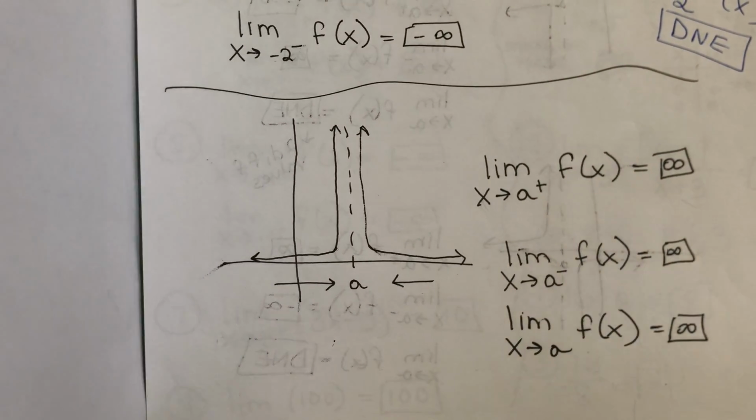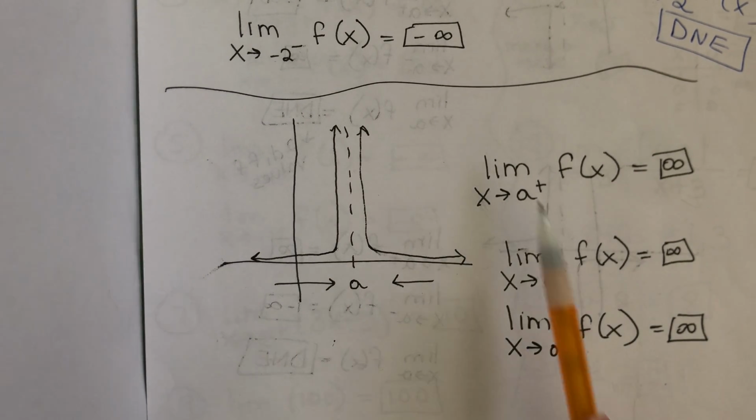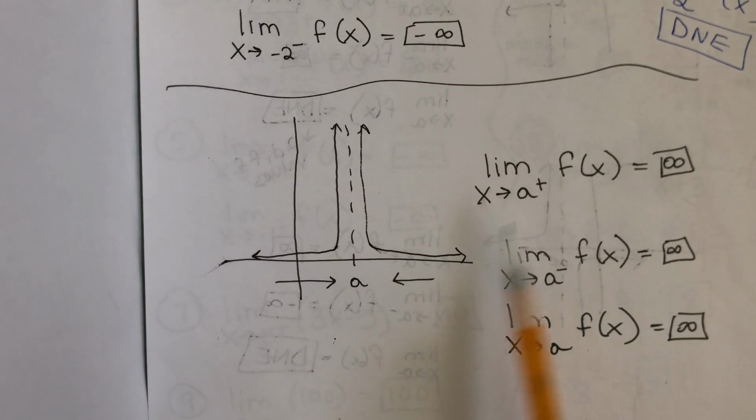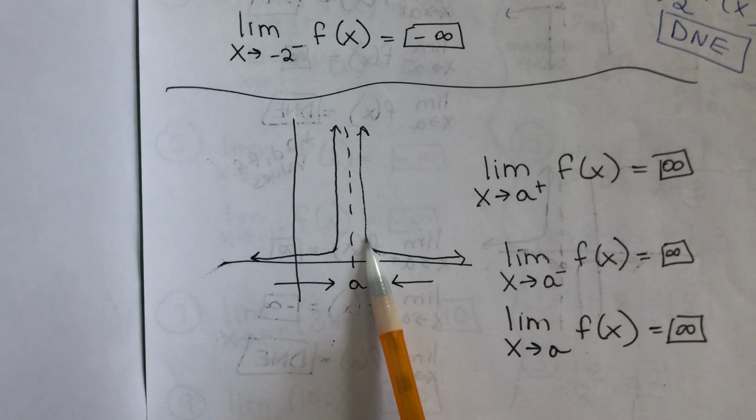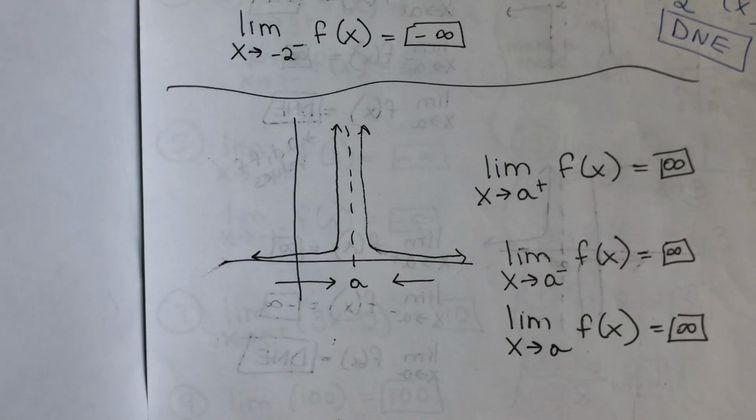This would be an example down below of where it doesn't matter which angle you approach it from, all the answers are the same. If I give you this graph and ask you to approach the a value from the right, where is it going? Up forever, so infinity.